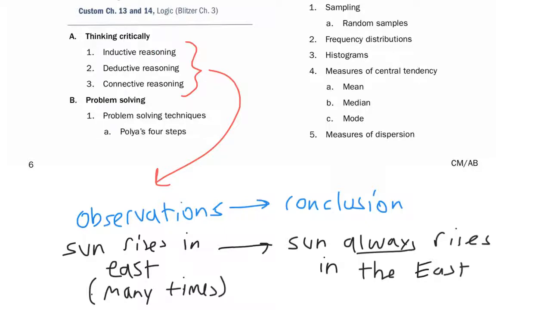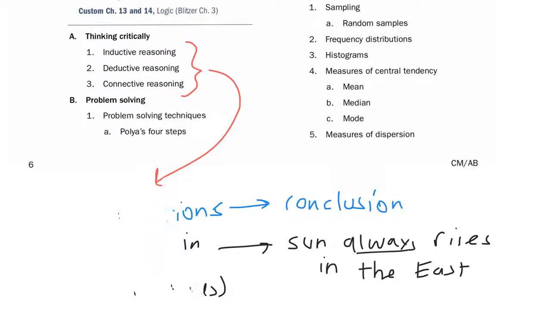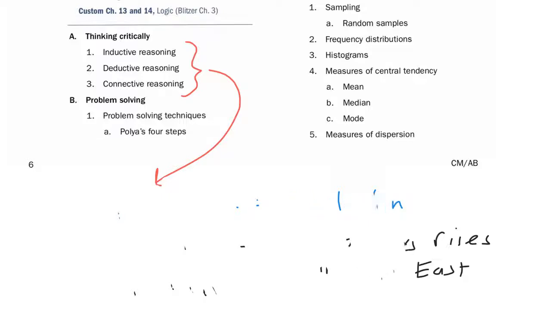That's how that works. And when you look at deductive reasoning, which is the next thing, that's sometimes called the top-down approach. Aristotle either created it or unveiled it or revealed it.